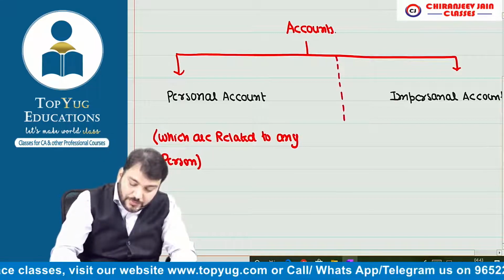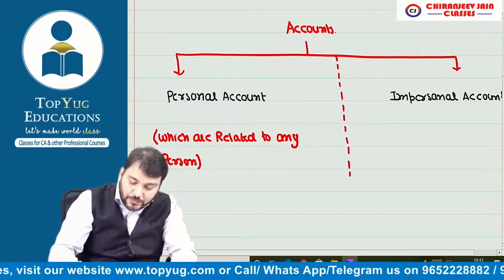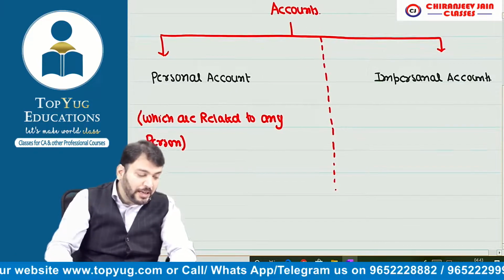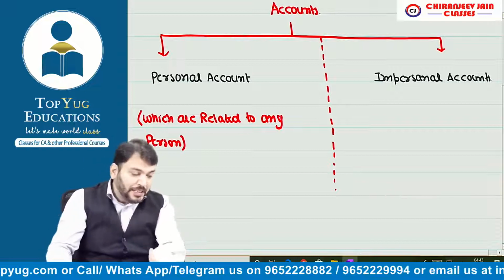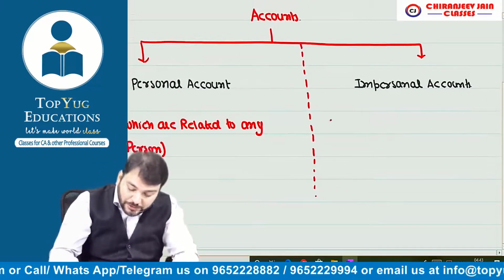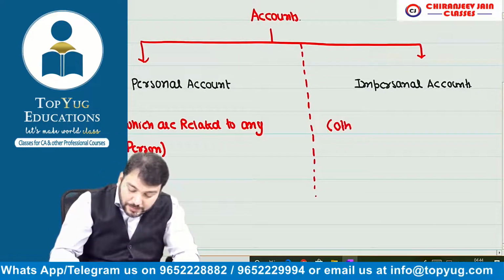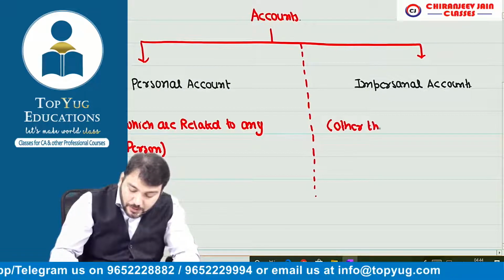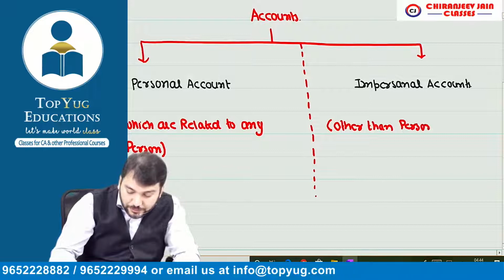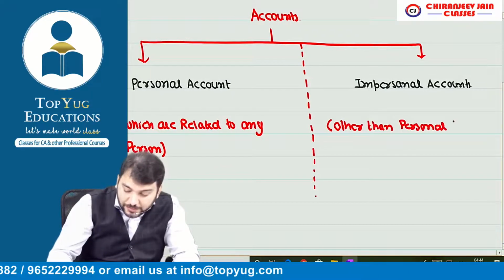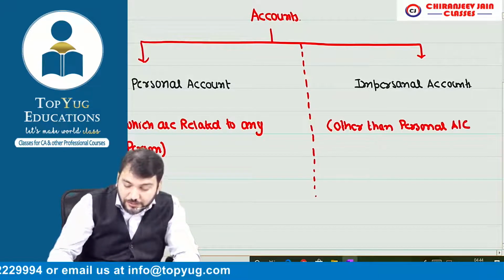Correct? Understood? Impersonal account means what? Which are not related to a person. Means I can say impersonal accounts are other than personal accounts. Correct?